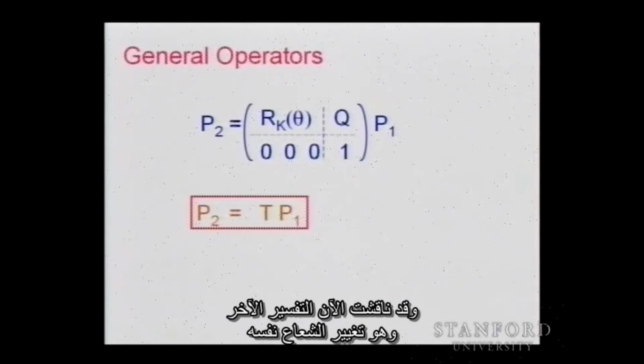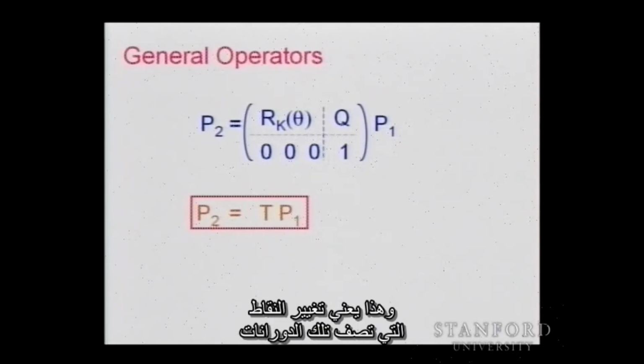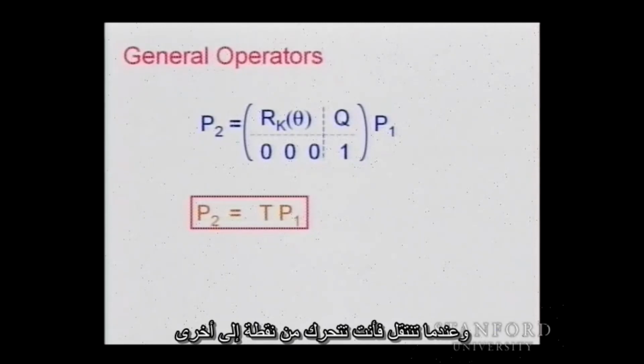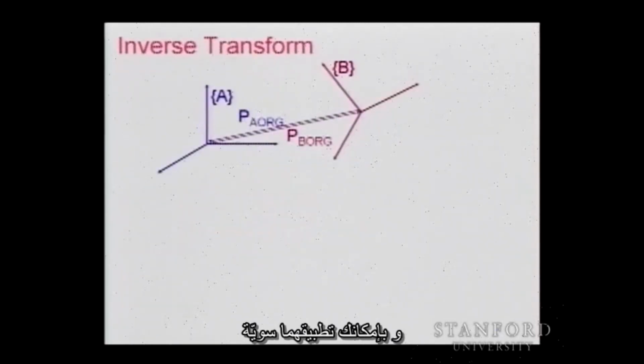And I just discussed the other interpretation that you could have, which is to change the vector itself. And that means changing the points describing those rotations. So when you rotate a vector, you are going from one point to another point, or when you're translating, you are going from one point to another, and you can apply both of them.